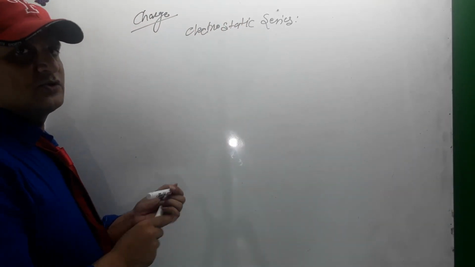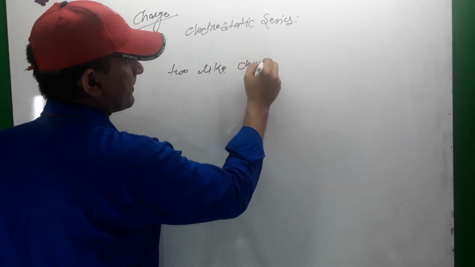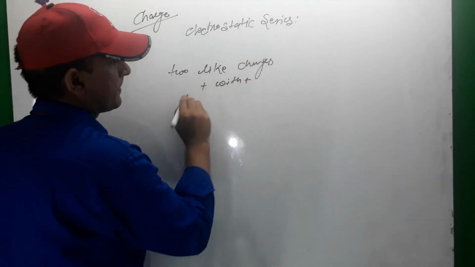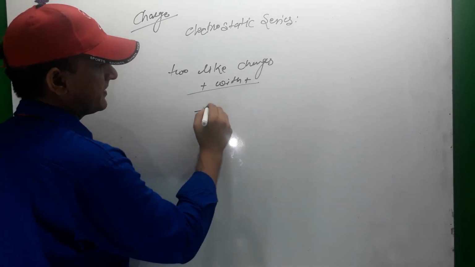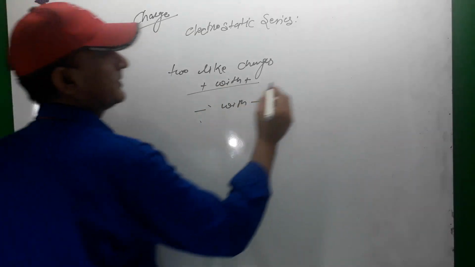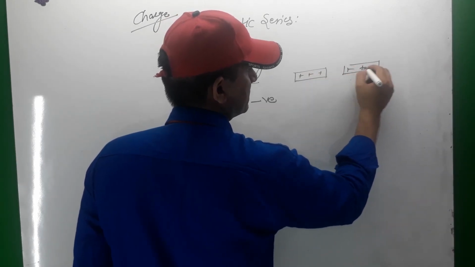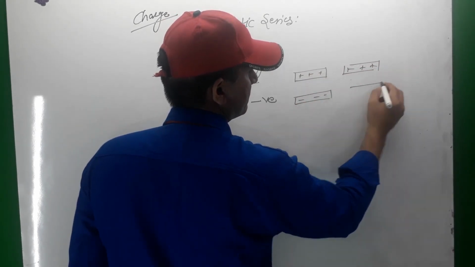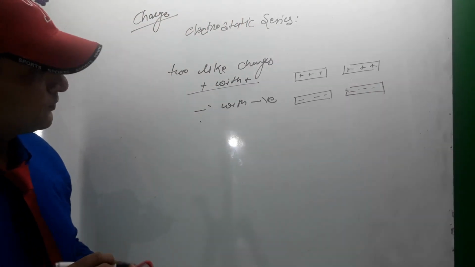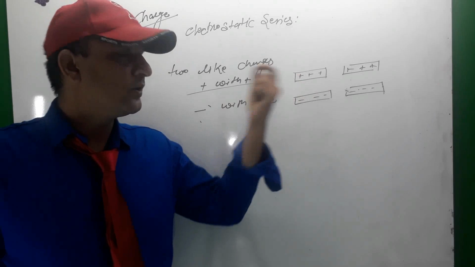Two like charges. Like charges means positive with positive, negative with negative. When you try to bring these two bodies closer and closer, what would they do?